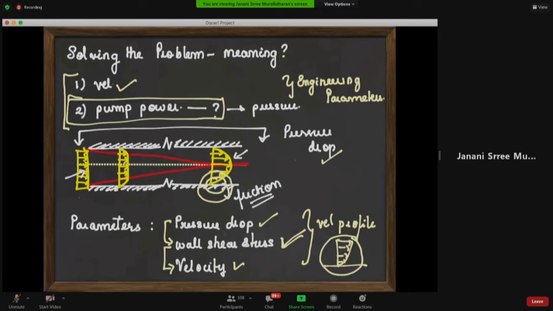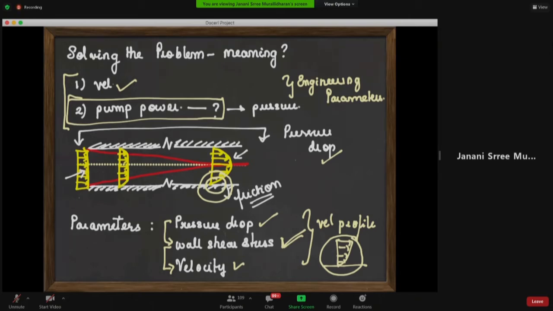As a CFD person, if you're not able to capture the change in velocity near the wall accurately, it is going to give you erroneous results. You will predict the pump power wrong, the pressure drop wrong, the wall shear stress wrong. So that is the most significant aspect of any CFD modeling, the near wall velocity profile capturing. All right.